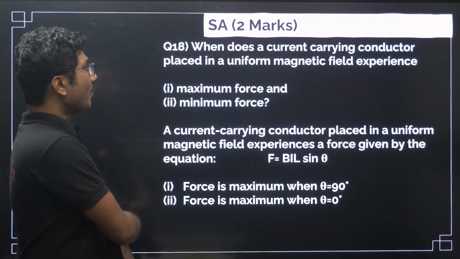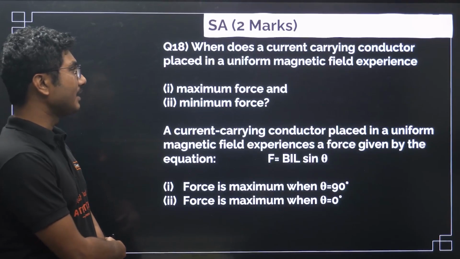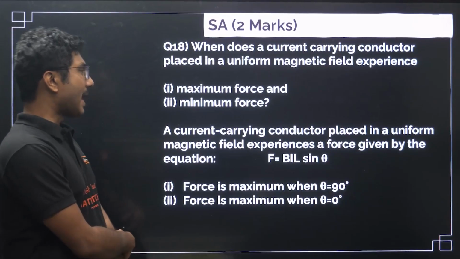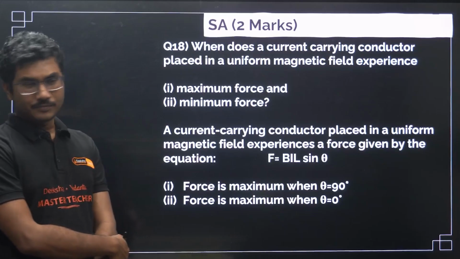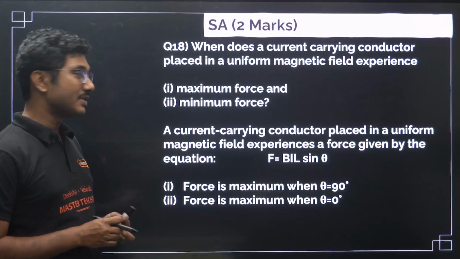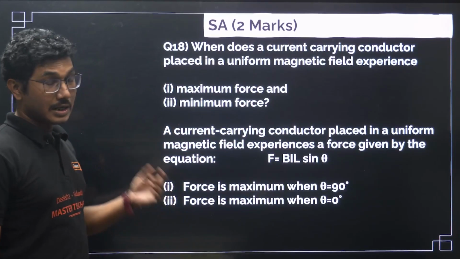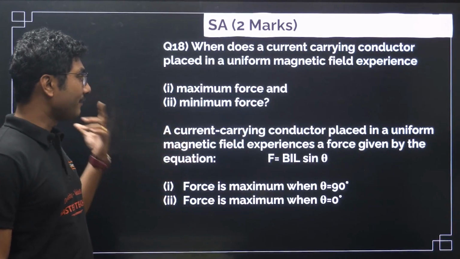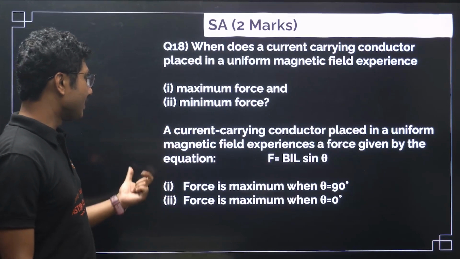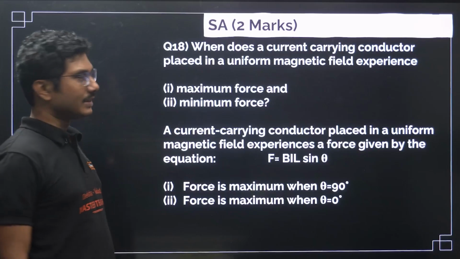Next, when does a current carrying conductor placed in a uniform magnetic field experience maximum force and minimum force? If you have followed my MCQ sections, there I have discussed that the force acting on a current carrying conductor placed in a uniform magnetic field is given by the equation F is equal to BIL sin theta, Bill sin theta.